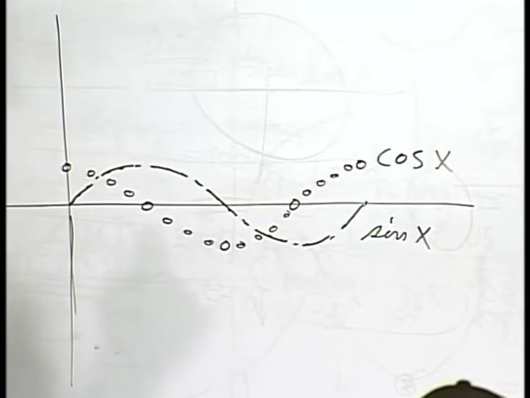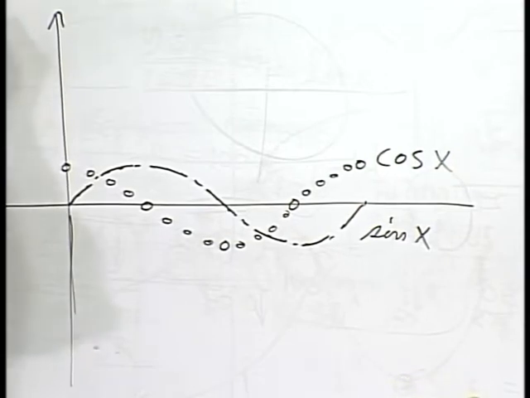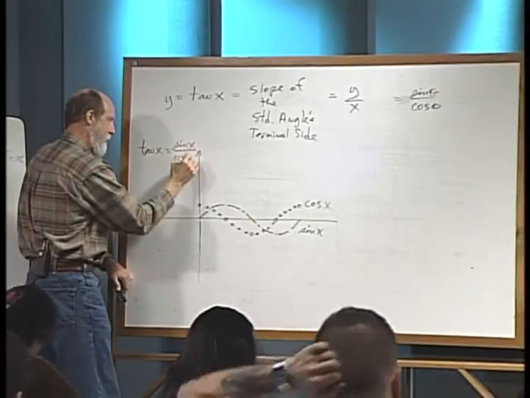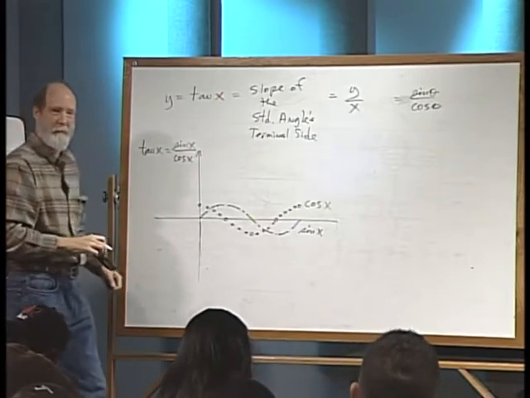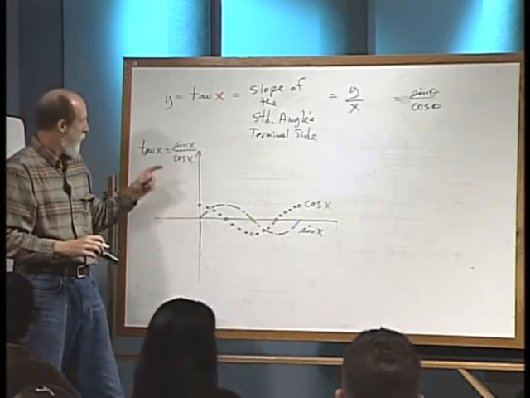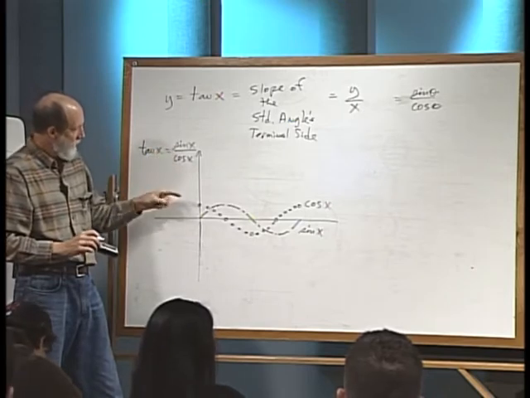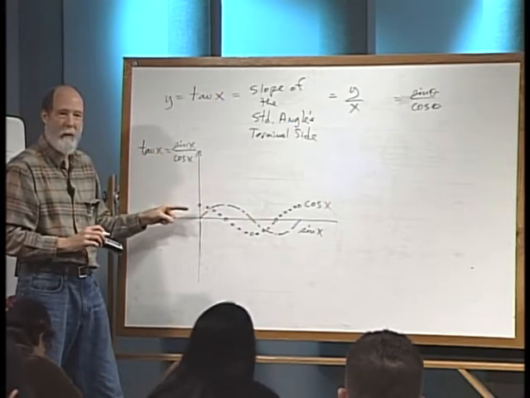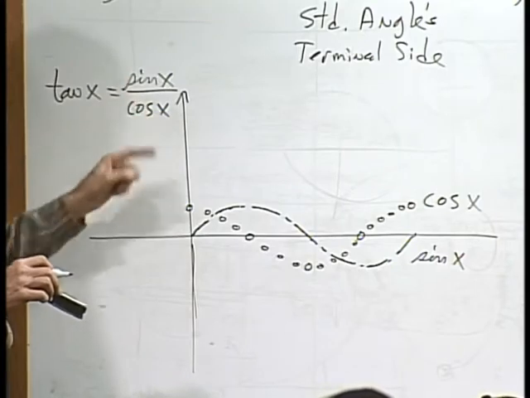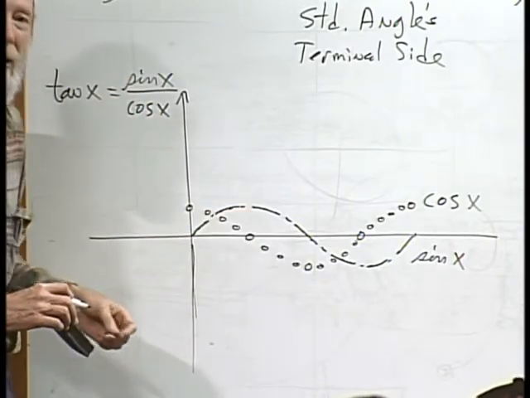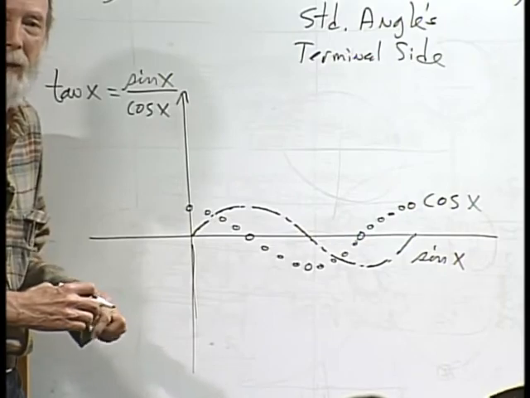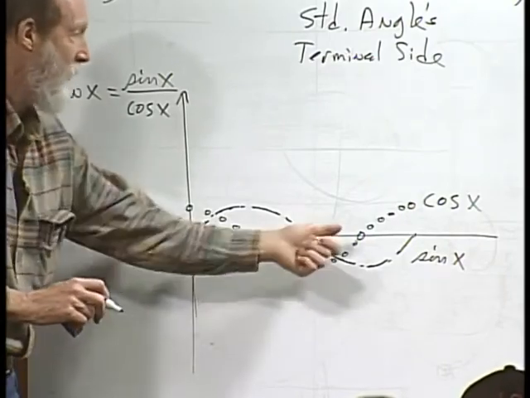Now, think about what we are doing when we want to develop the graph of the tangent of x. We want to be thinking of the sine values divided by those cosine values. When I say values, what do I mean on this picture? Is it the x?